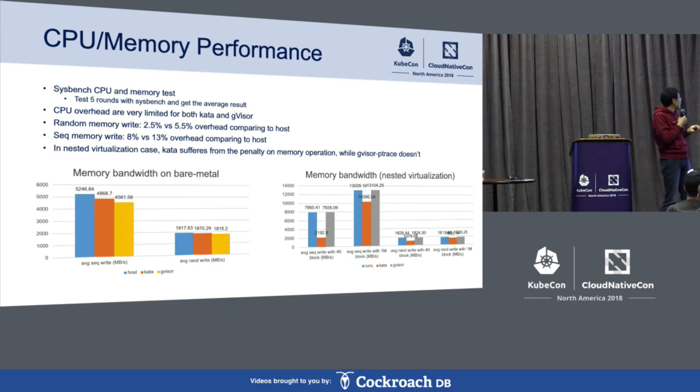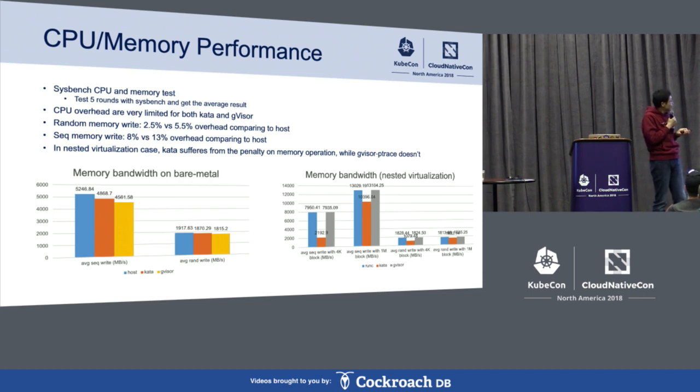For the bare metal case, we see the performance of memory access is quite similar, especially for random write. But for nested virtualization, right in the VM, we can see some performance penalty for some page table things.